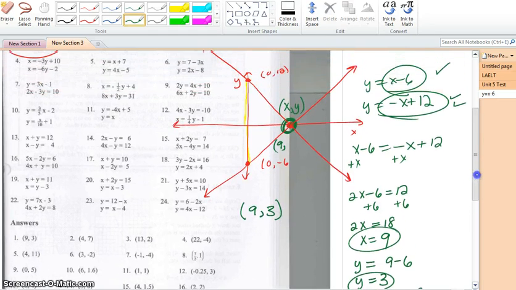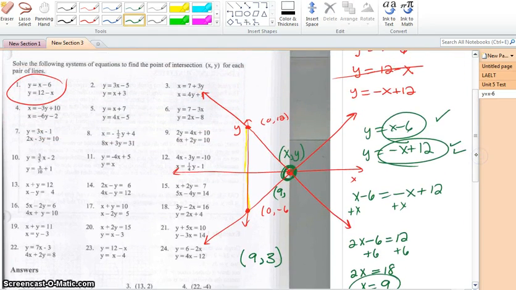And 9, 3 will make each of these equations from the system a true statement. So 3 equals 9 minus 6 is the substitution that gives us a true statement for equation number 1. 3 equals 12 minus 9 is the substitution that gives us a true statement in equation number 2.